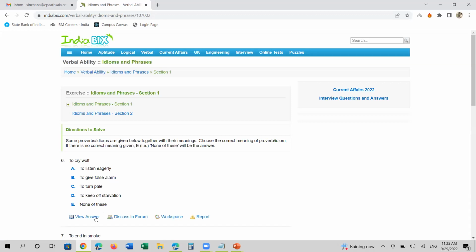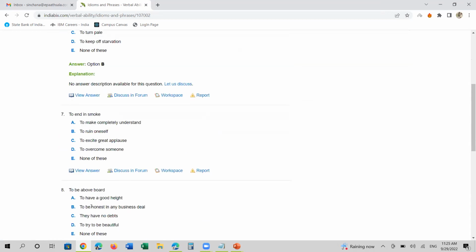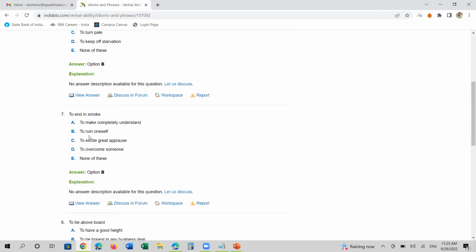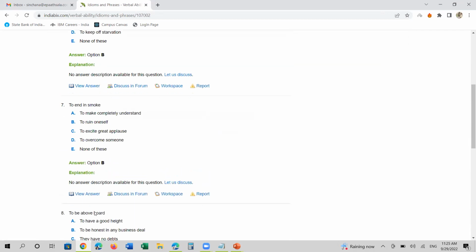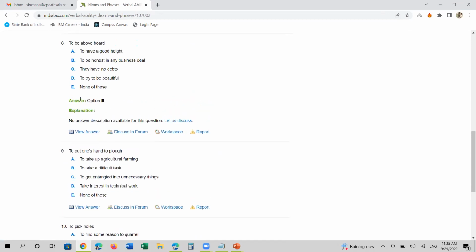To cry wolf means to give a false alarm. To end in smoke means to ruin oneself. To be above board means to be honest in any business deal.